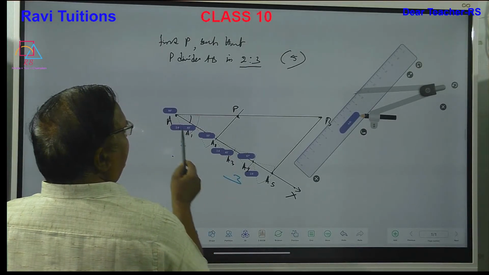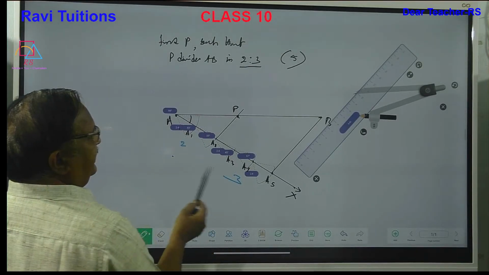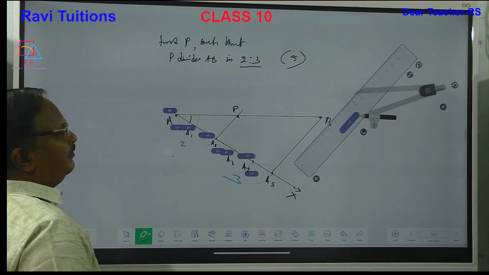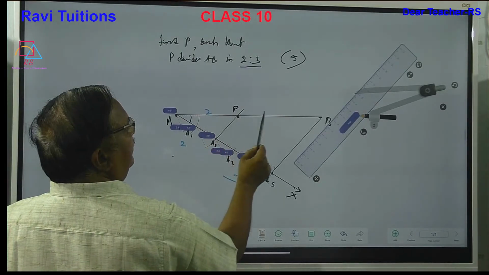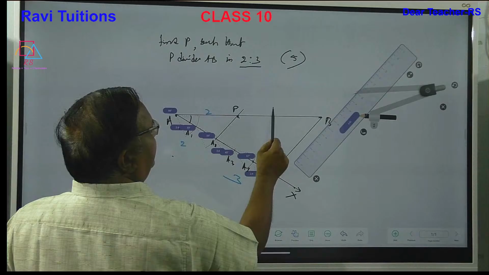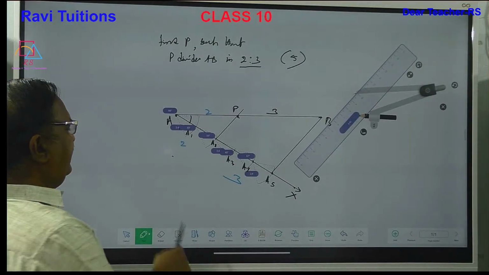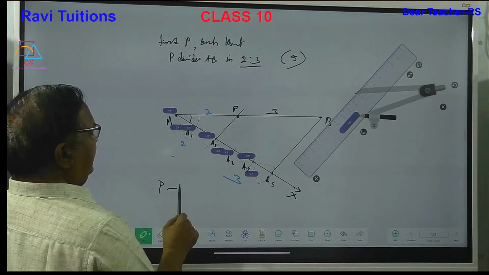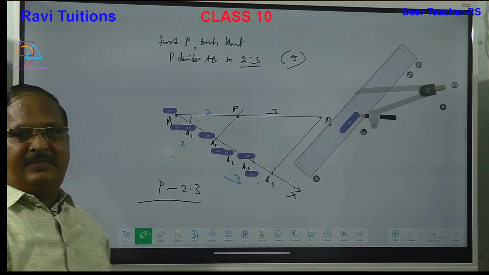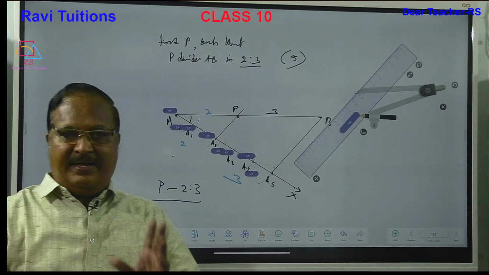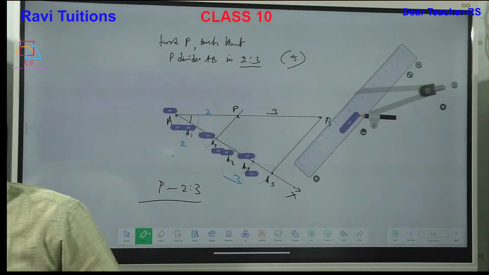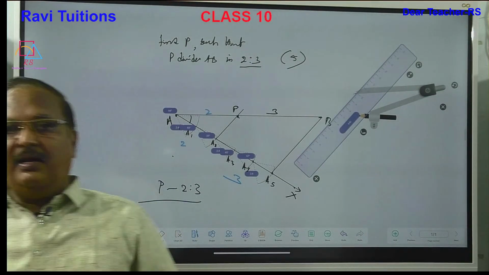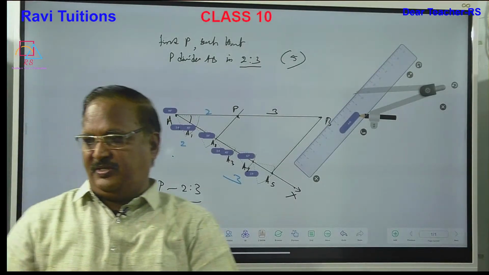That means AA2 to A2A5 is 2/3. Therefore AP to BP is also 2/3. So P divides AB in the ratio 2:3. A very, very important construction, and all have to do this construction.